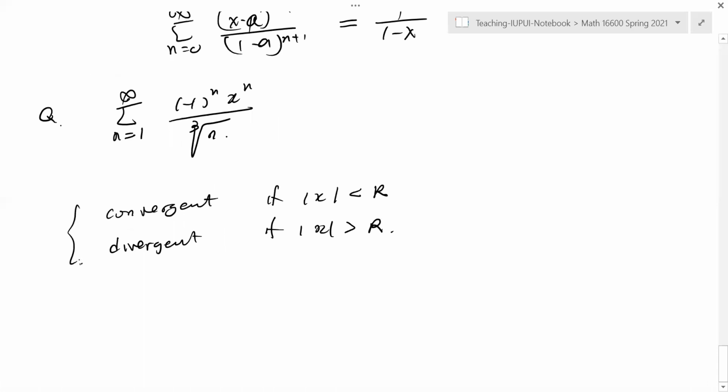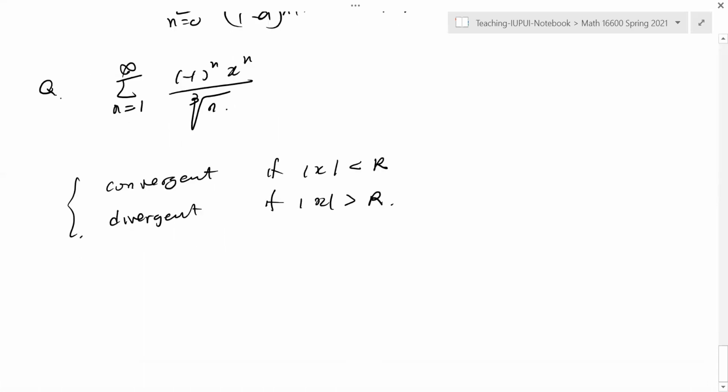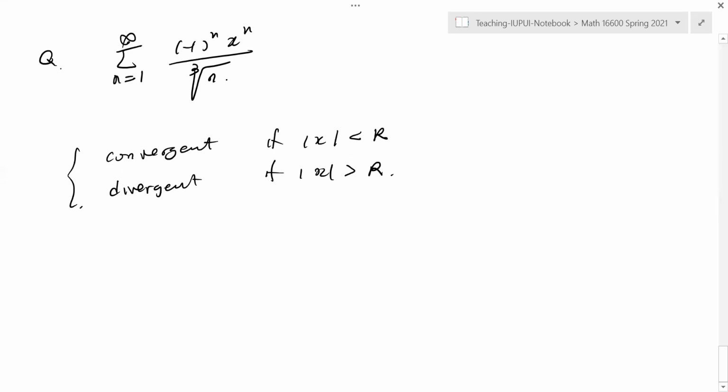So let's determine it. Power series, in most cases, every term has an n-th power, so this is a power function. So we usually use the ratio test, unless we see n factorial there.